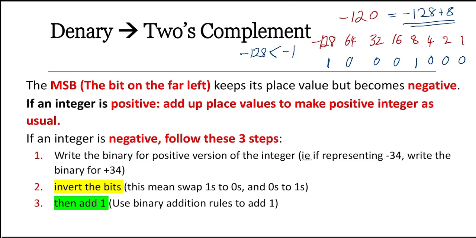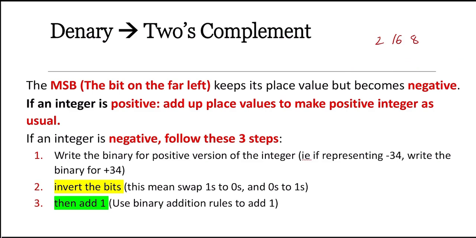You do have to know about another method as well, even if you find it complicated. And there's 3 steps to that method. The first step is you write the binary for the positive version of the integer you're trying to make.